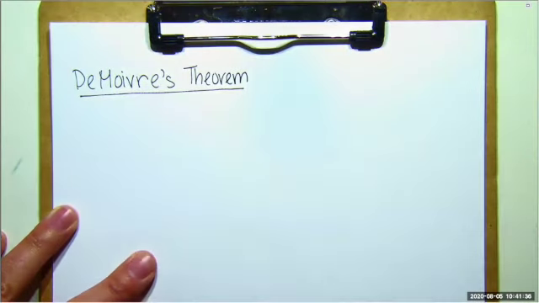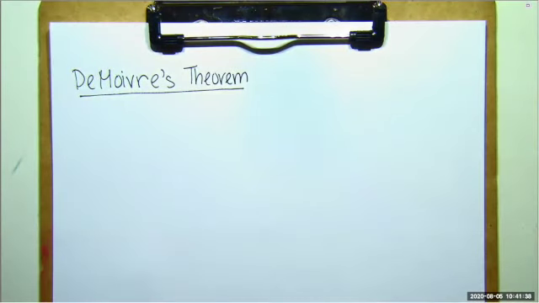Okay, and I do not speak French, so I apologize ahead of time if I don't get this exactly right, but this is called de Moivre's theorem. And what de Moivre's theorem allows us to do is to take a complex number in polar or exponential form to take it to an exponent.